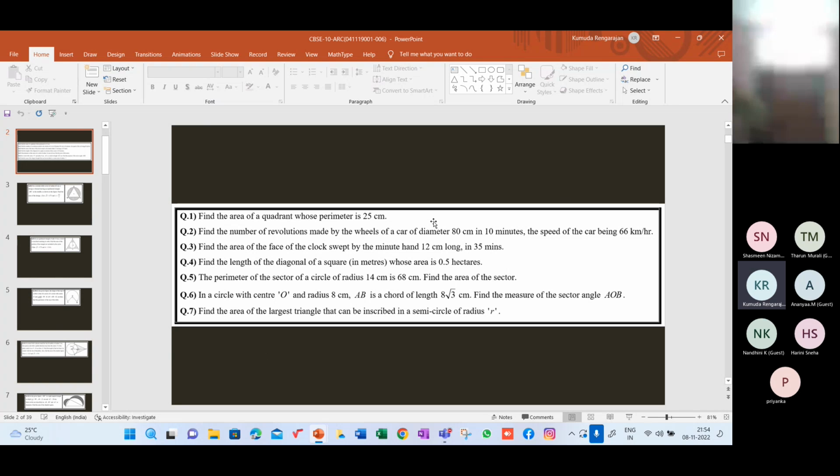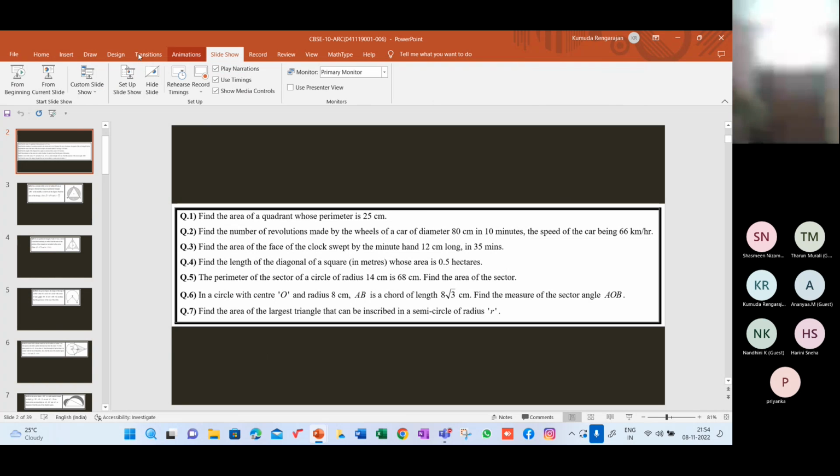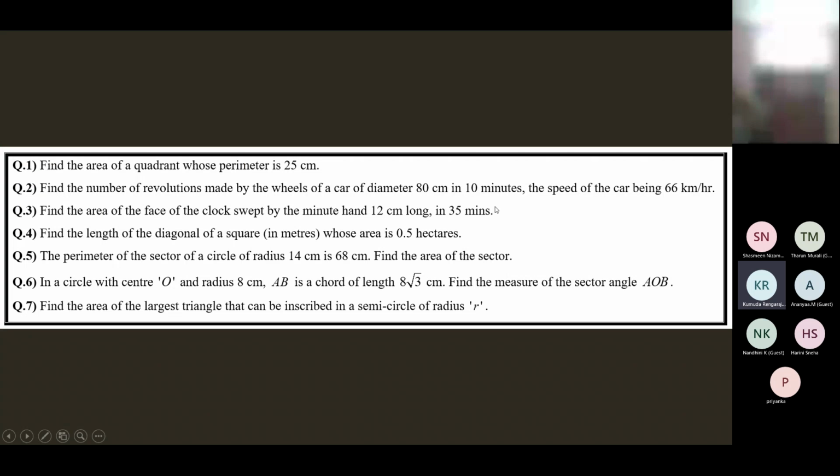This is your homework. Please complete these answers by the next class. Very simple questions these are. Maybe you will need 1 hour at the most to complete this. If you do it as homework, then when we discuss the answers, if you've made any mistakes, things will become very clear to you.